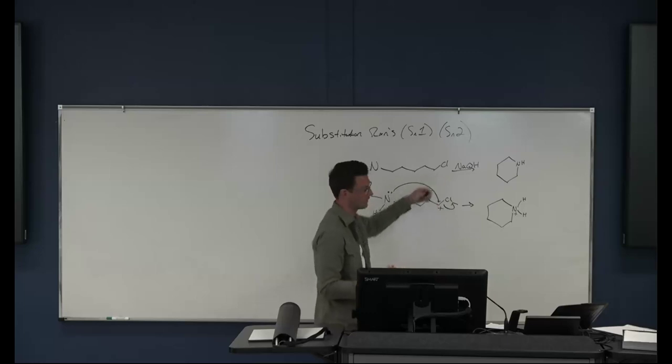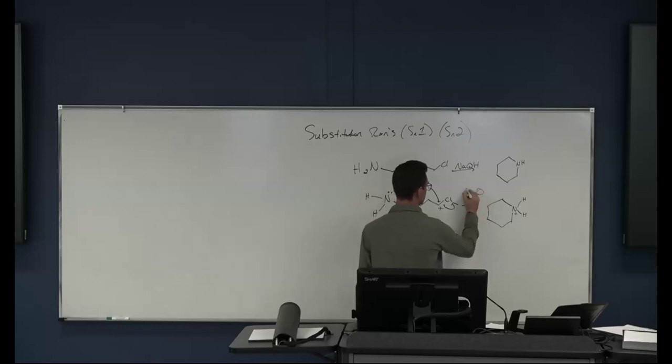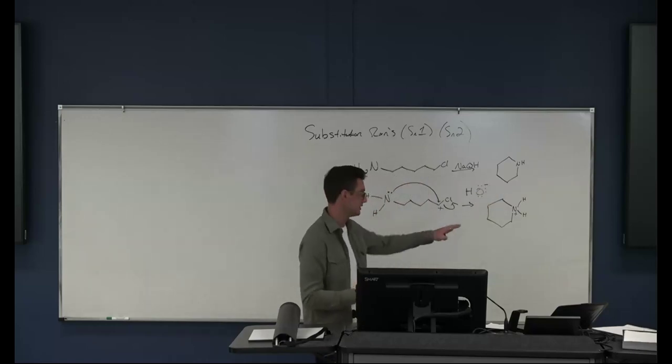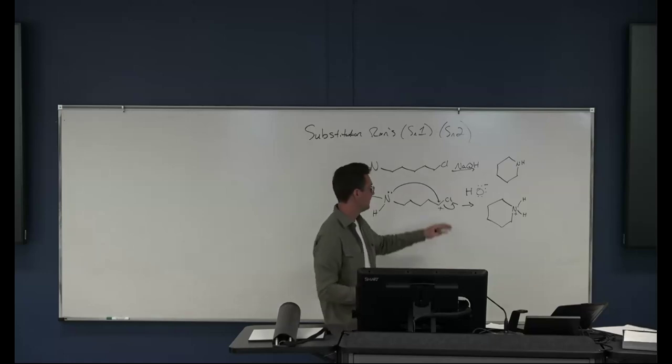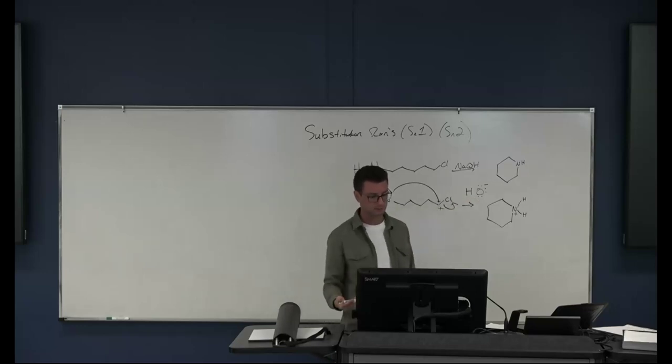But that's not very favorable, and we have a base that's going to come in and take care of that. So we have OH, which is going to act as a base. This is a perfect example, tying back to textbook chapter 3, of an acid-base reaction. That hydroxide would love to become what?